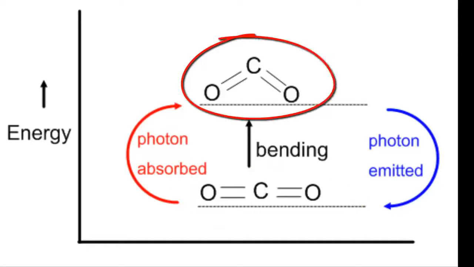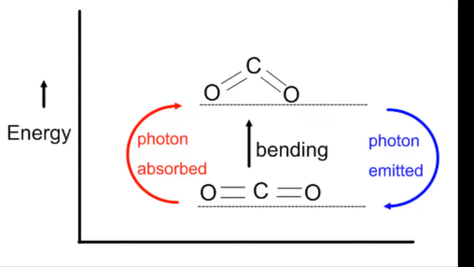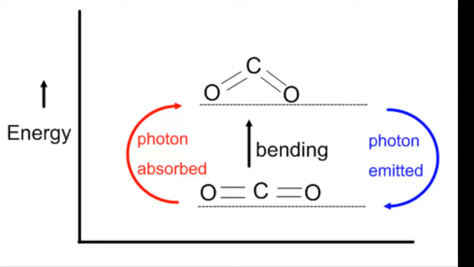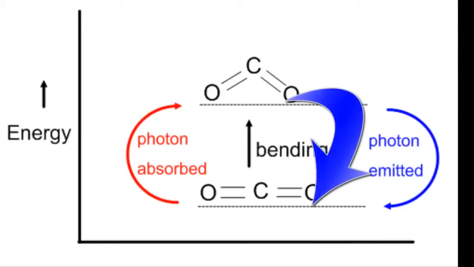So when the molecule undergoes bending in this fashion, it absorbs energy to enter into the bent state, and it does so by absorbing a photon of energy, in other words, a specific wavelength of electromagnetic radiation. It then returns to the lower energy state, and it does that by giving out exactly the same photon of energy.